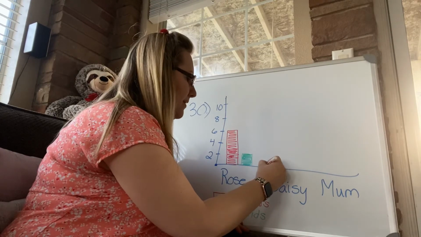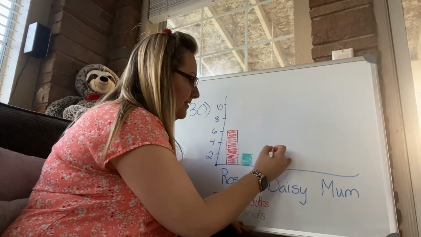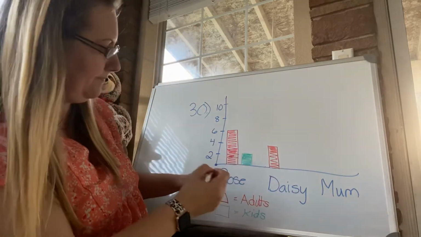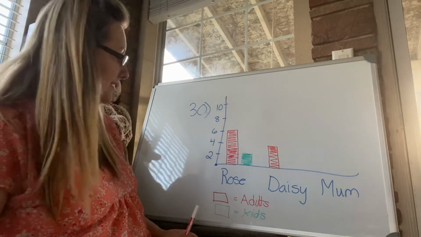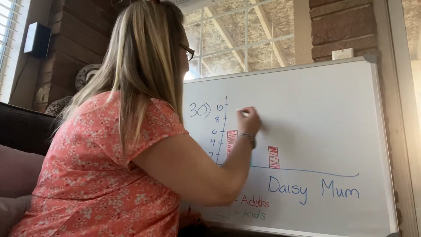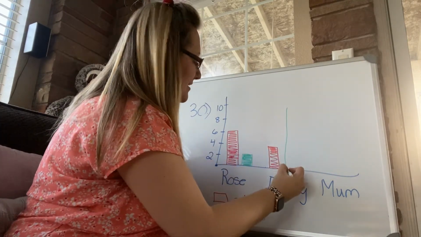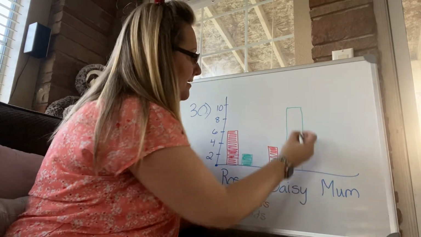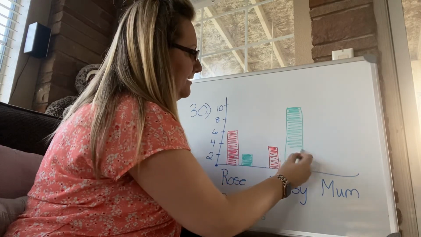So you're going to make another bar for daisies up until the number 4. Did I get that about right? Yep. And then how many children like daisies? 9 children like daisies. So I'm going to come across and say, that looks like about 9, somewhere between the 8 and the 10. So 9 kids like daisies.